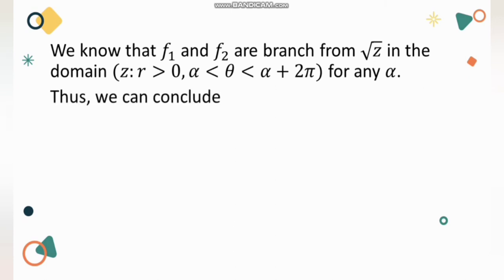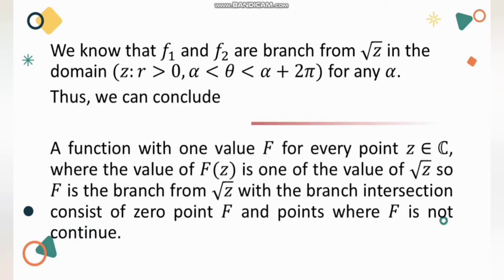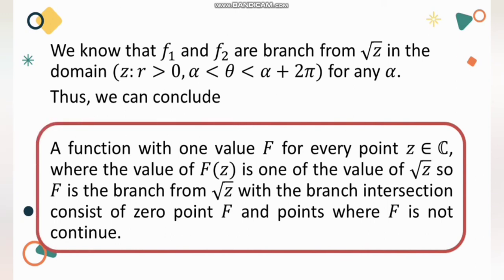Thus, we can conclude there is a single-valued function f for every point z in the complex numbers, where the value of f is one of the values of the square root of z, so f is a branch of the square root of z with the branch cut consisting of the point 0 and the points where f is not continuous.